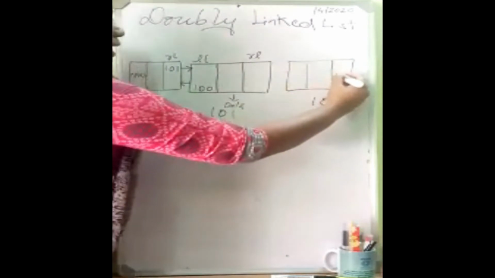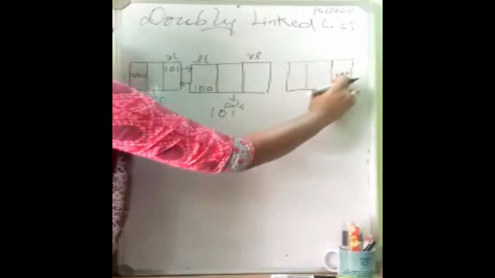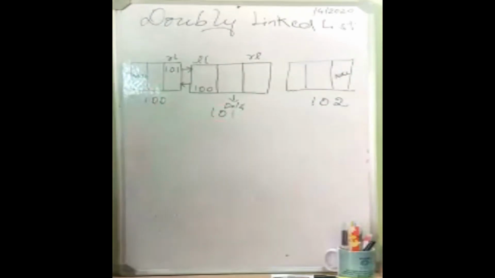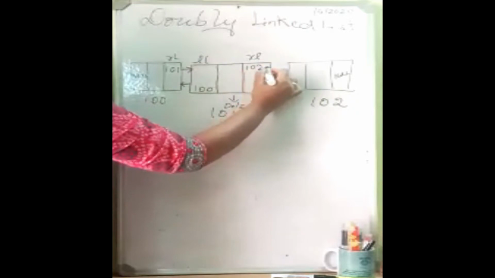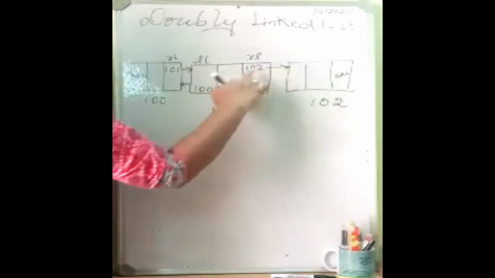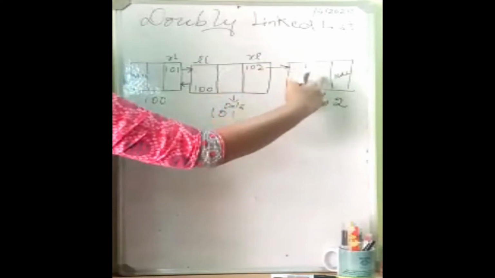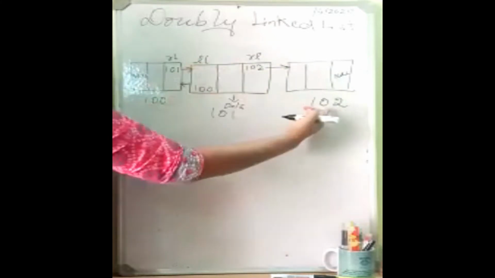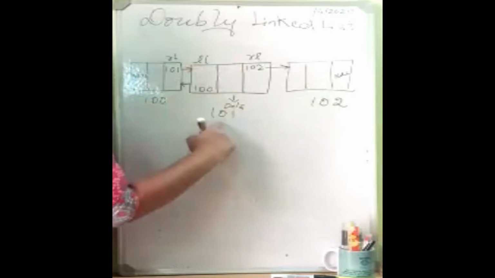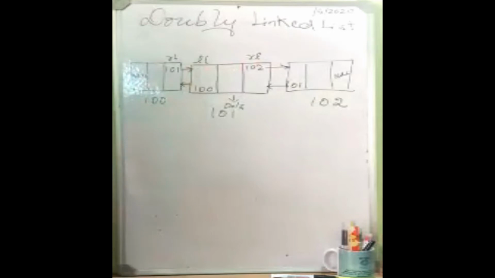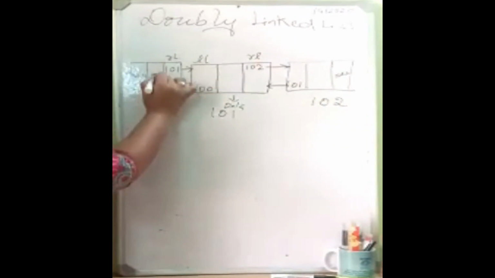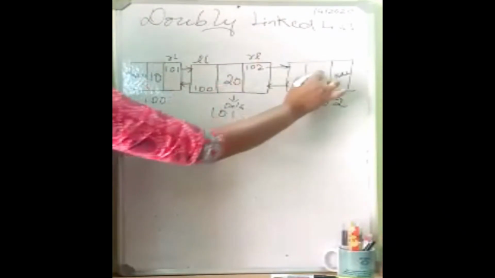If I store null in the right link, there is no node after this, no link, right? In the same way, here we'll store the address of the next node. This will create a link, and after this node we can move to the next node. For backward movement, this node's left field will have the address of the previous node, right? So this node will have values like this.